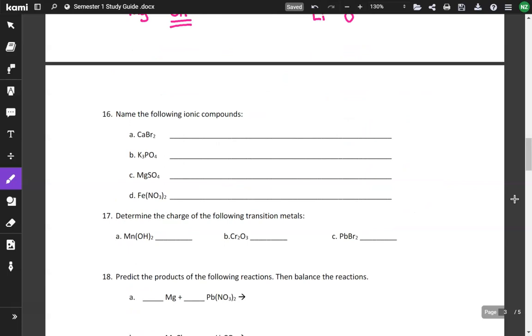All right, now let's do the opposite. Let's name the following ionic compounds. So cation goes first, so calcium. Bromine becomes bromide. We change the ending to IDE. All right, K is potassium.